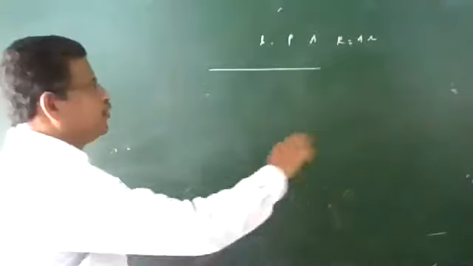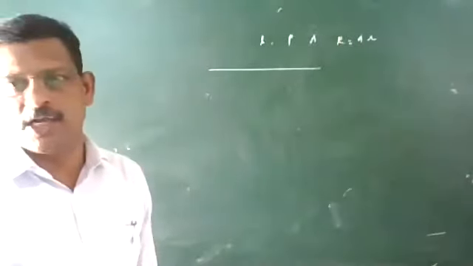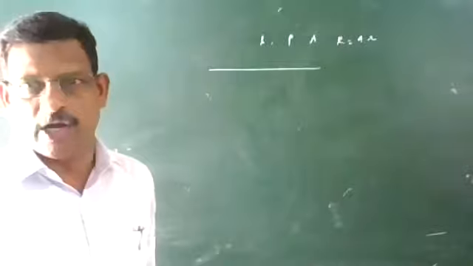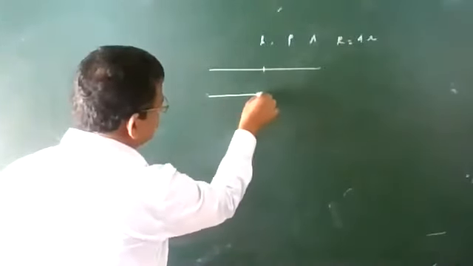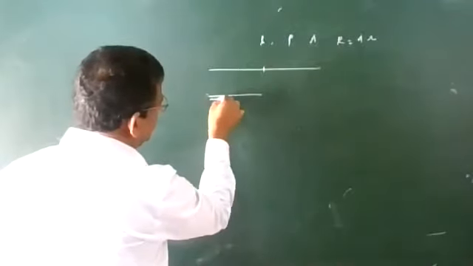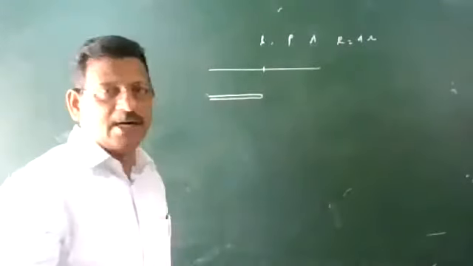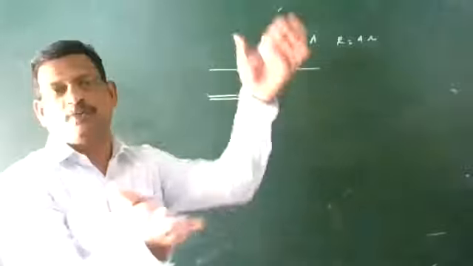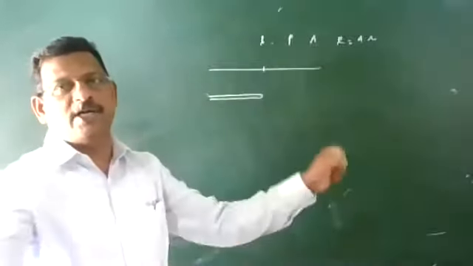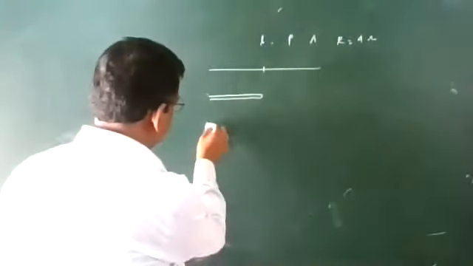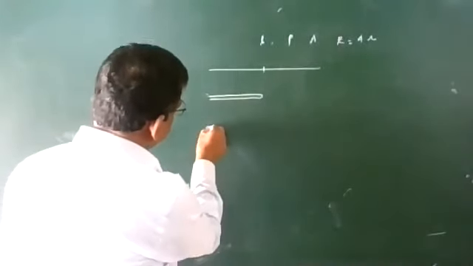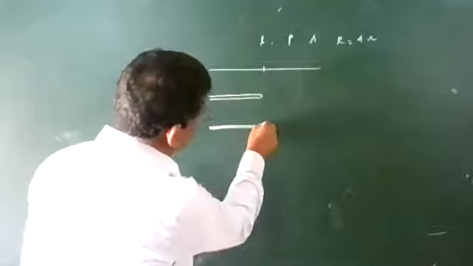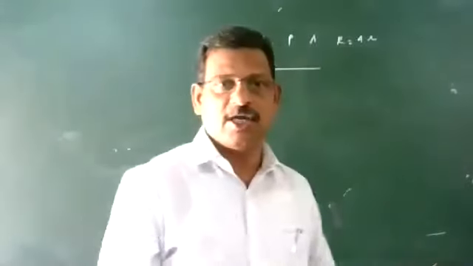What are we going to do? It is a bare wire, non-insulated wire. It is bent at the middle, and after that they are combined, twisted into a single one.